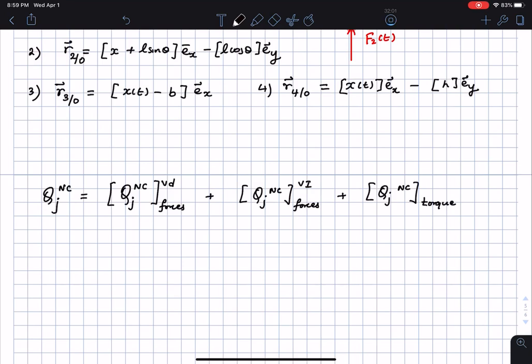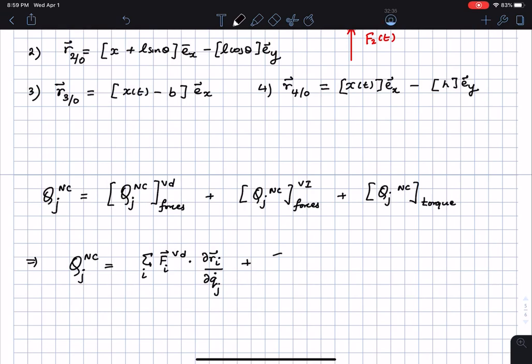Right, and from a common expression that we looked at in the last class, if you have a velocity dependent force, then you're going to have the time derivative of the jth generalized coordinate present. So this is going to be the summation of all the velocity dependent forces. Let's say the summation is over some index i, so this is f_i dotted with dr_i by dq_j dot.